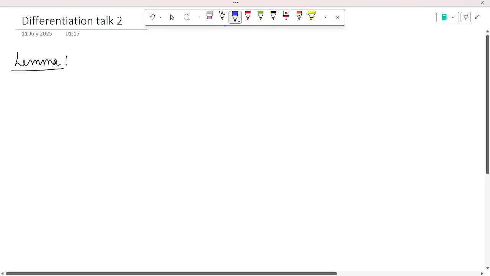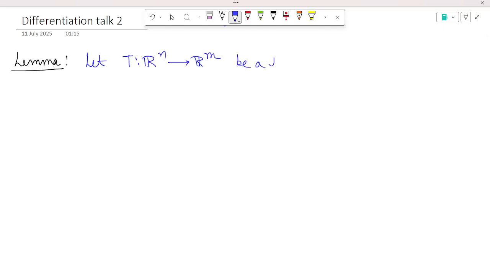What does the lemma say? The lemma says that T: Rn to Rm be a linear transformation.